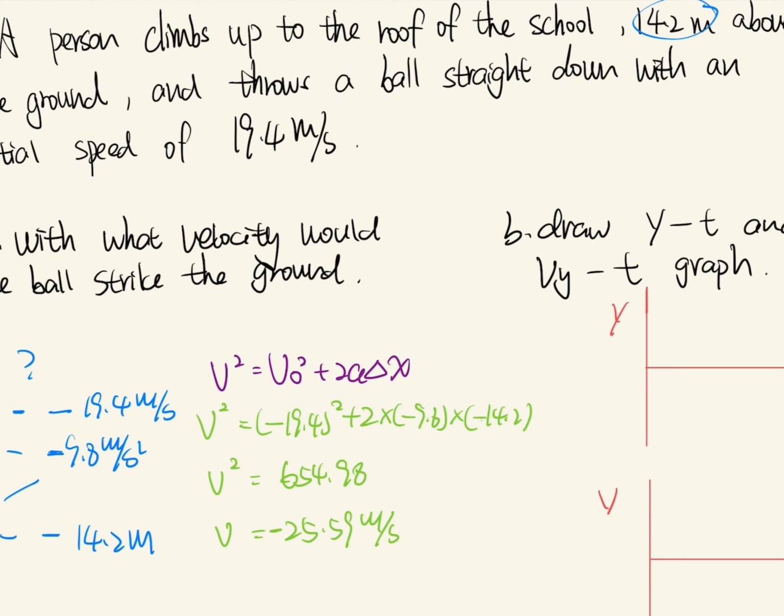So the y-intercept would be positive. The velocity is negative. The acceleration is also negative, so it's speeding up, right? Because same direction. And since the velocity is going to the negative direction, we know it's downward sloping. So it would look like this.